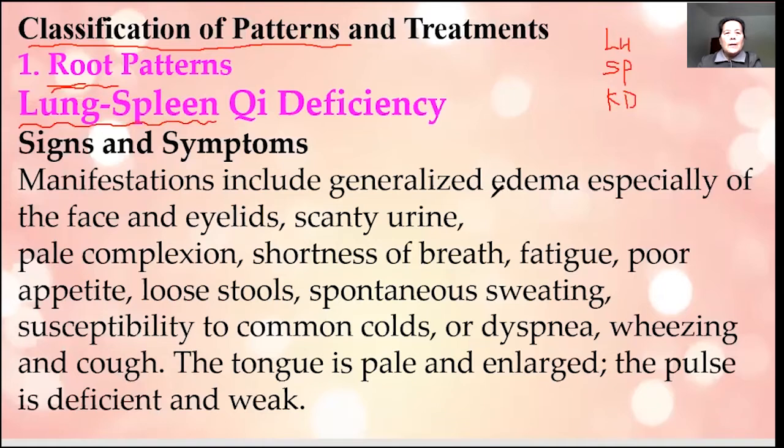As for edema, lung edema mainly goes to the upper part of the body, the face and arms, and spleen edema may be in the middle part of the body. So that's general edema, which we can see especially on the face.